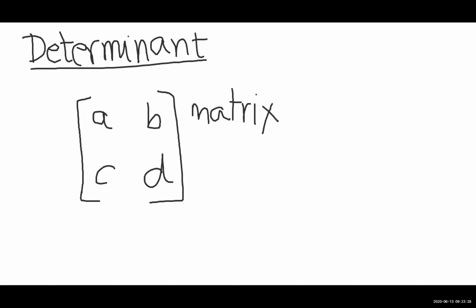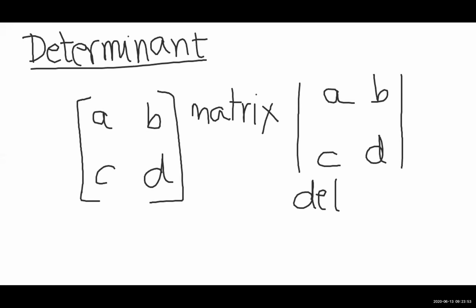Basically a collection of objects which is written in an ordered way, and that's it. आप कुछ नहीं कर सकते. Whereas the same collection of objects arranged in rows and columns, but this time enclosed not in square brackets but by vertical straight lines, is called a determinant.